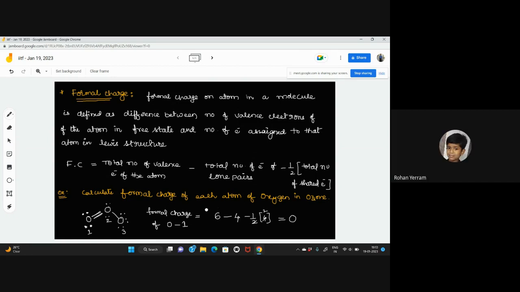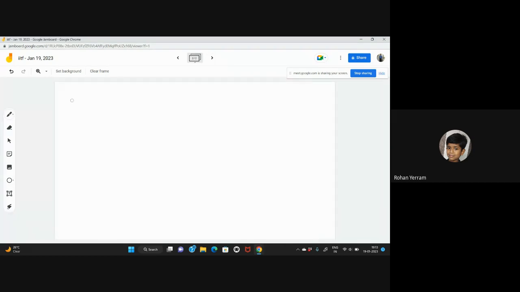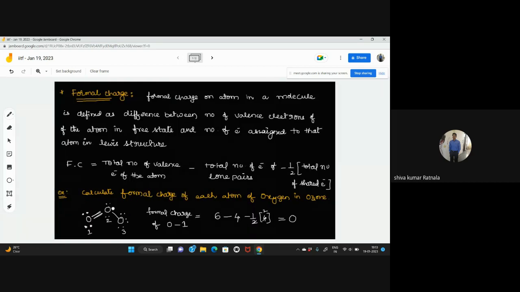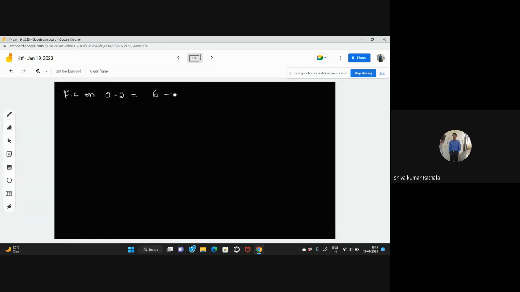Sir, for oxygen number 2, we'll take 6 shared electrons. Let me take a single bond also there. So Fc on oxygen 2: number of valence electrons are 6 minus how many lone pair electrons are there? 4.